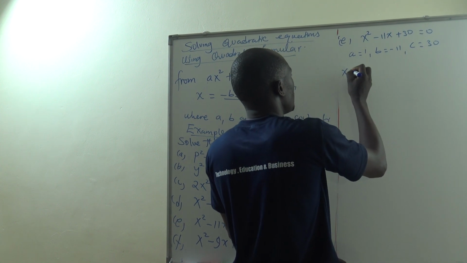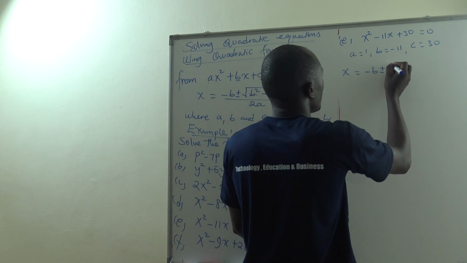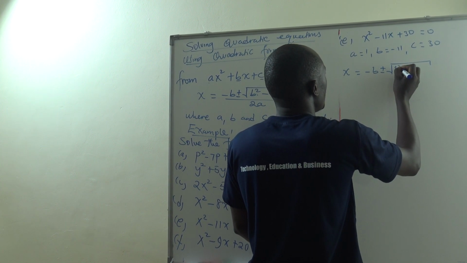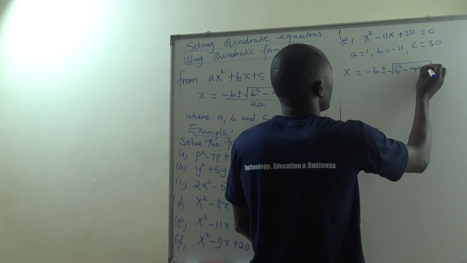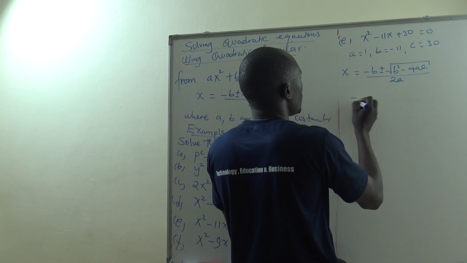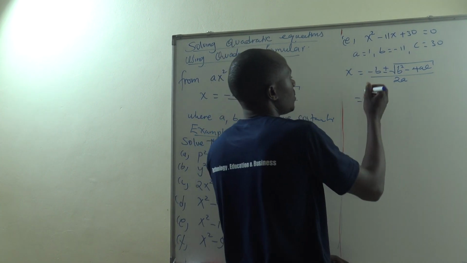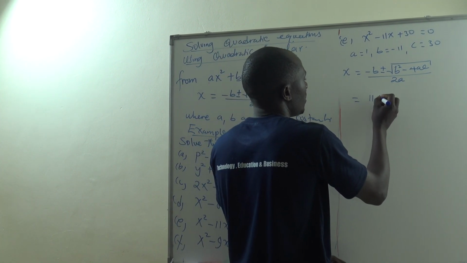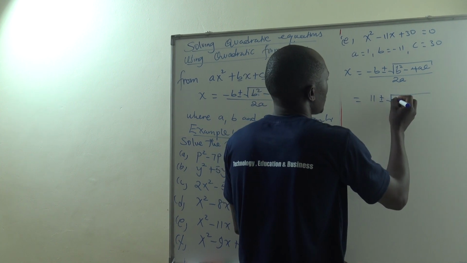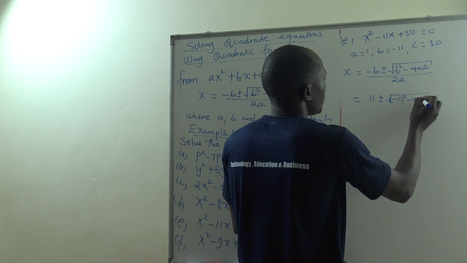So substituting in the formula x equals negative b plus or minus root of b squared minus 4ac, all over 2a, our b is already negative. So when you substitute, it will become positive 11 plus or minus the root of negative 11 squared minus 4 times 1.